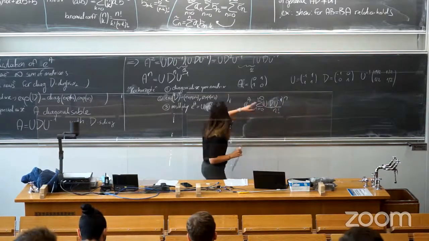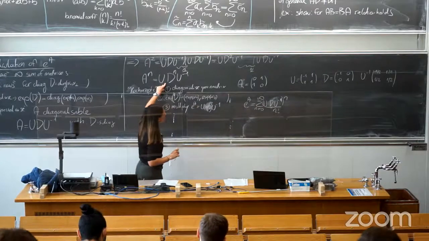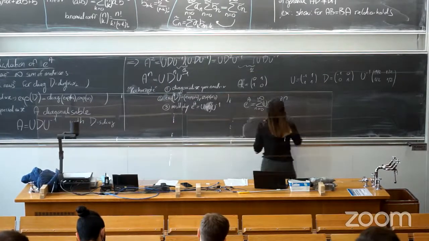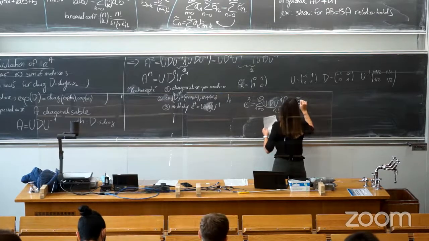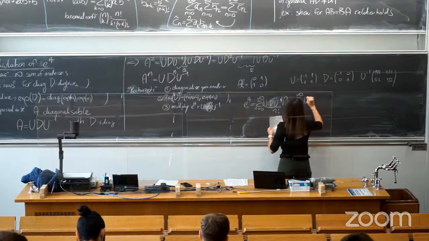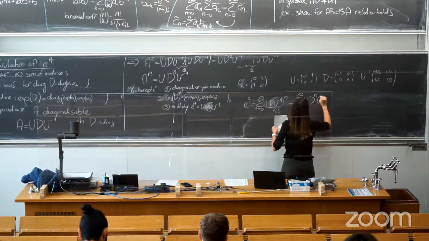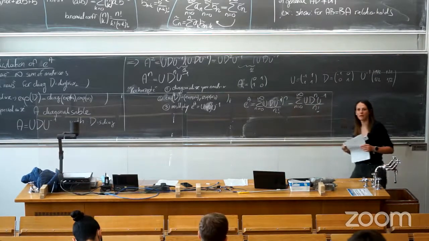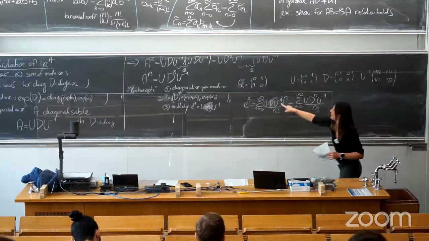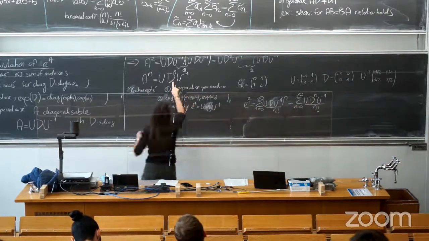And then we input our result here. So this will be the sum over n equals 0 to infinity of U times D to the n times U minus 1, divided by n factorial. Here I input this.